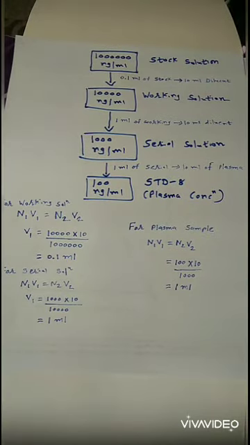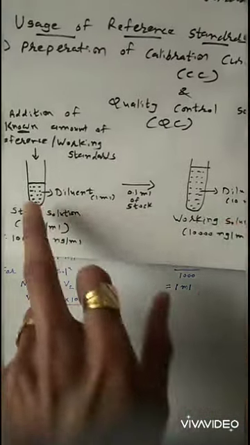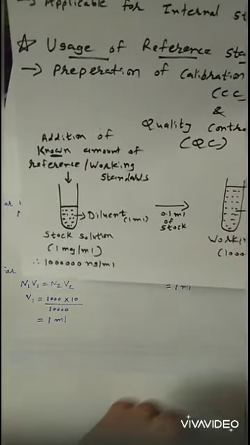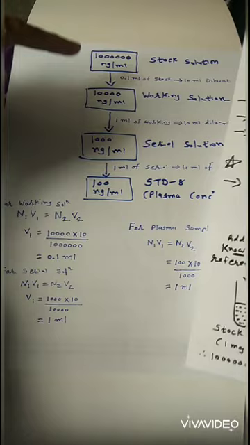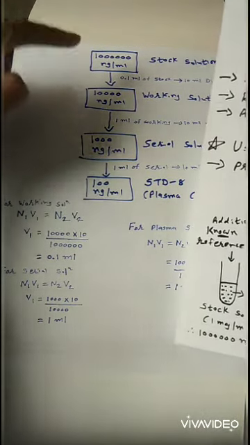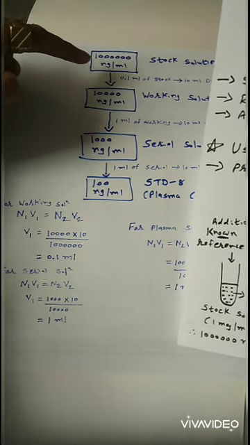Now I will explain how we prepare the calibration curve standard samples in the plasma. As I told you previously, I will explain this calculation in the later part of this video. So now I will explain this calculation, how we do this. First of all, our stock solution concentration is around 1 million nanogram per ml.